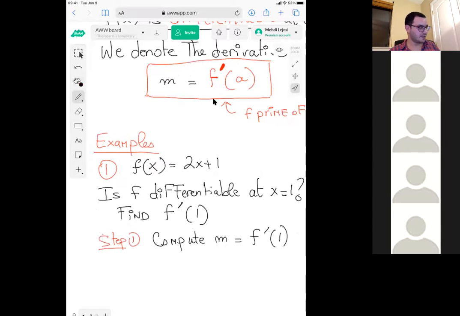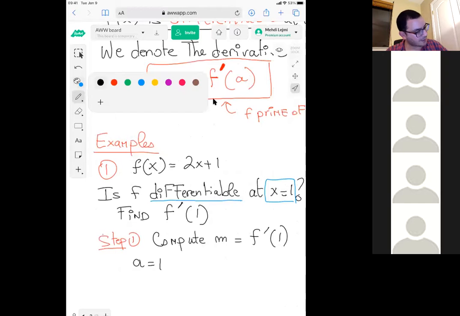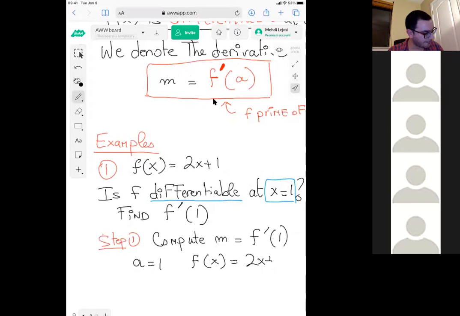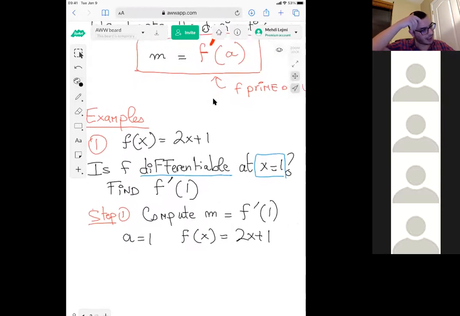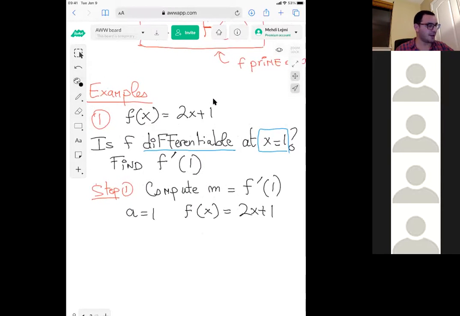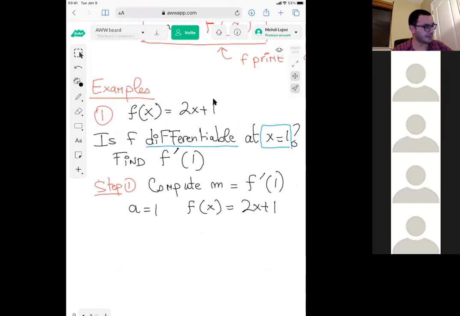Again, a here, guys, is 1, because it says f differentiable at x equal to 1. So my a is 1, my f of x is 2x plus 1. So I can compute m, and if m exists, then f would be differentiable at 1. So let's compute m.